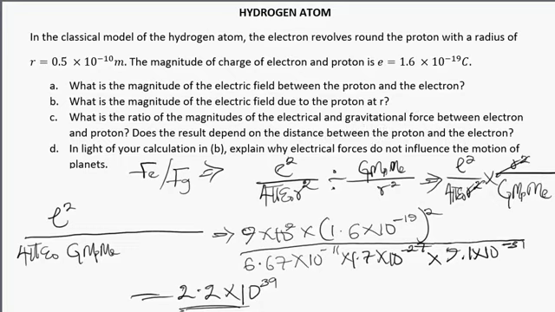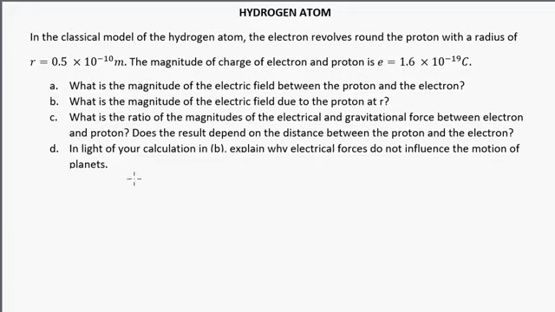Alright, so I'll go ahead and wipe this off. So the last question says, in light of the calculation in B, explain why electrical forces do not influence the motion of the planets.